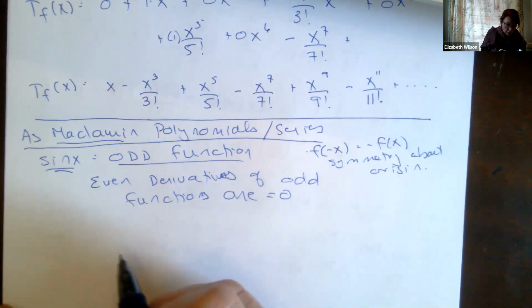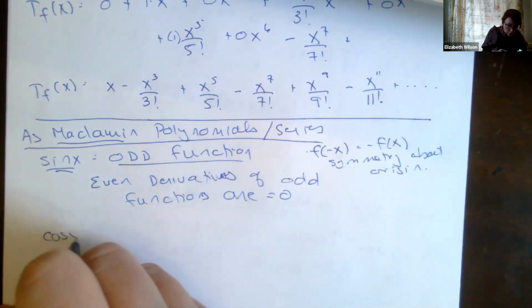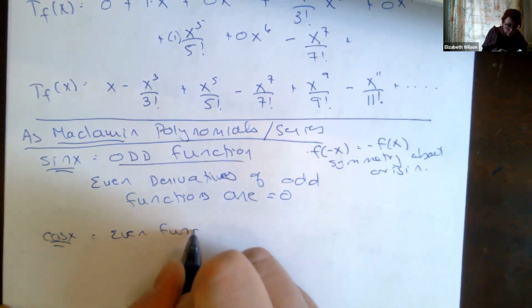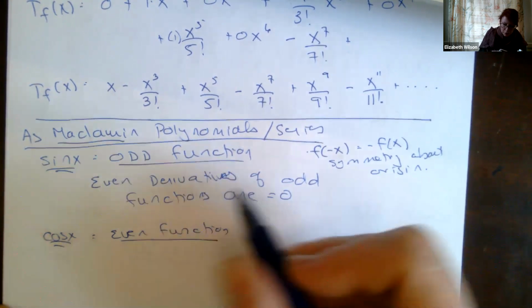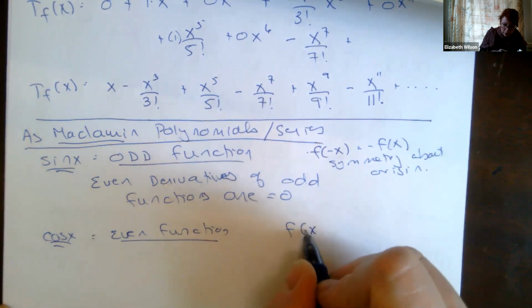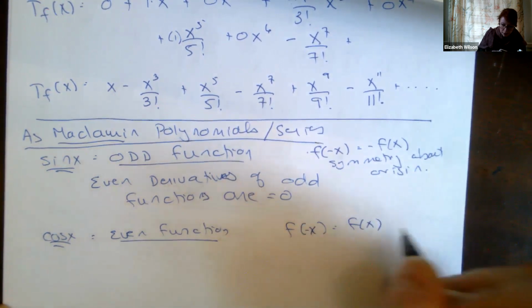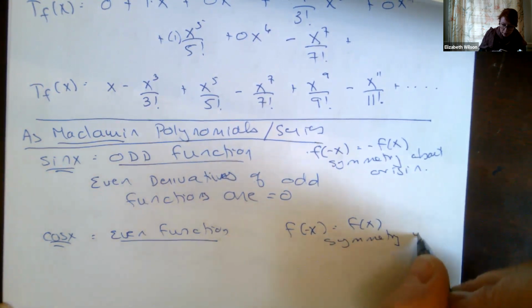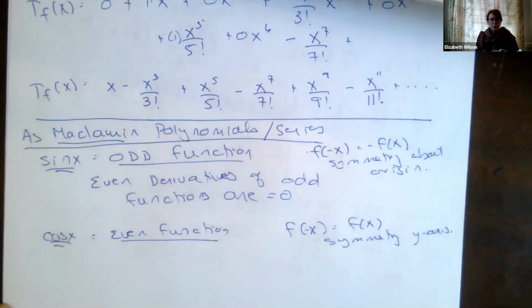The cosine of x is an even function, for example. Remember even functions: f of minus x is equal to f of x, and there's a symmetry about the y-axis. You can see that if you plot the cosine function.